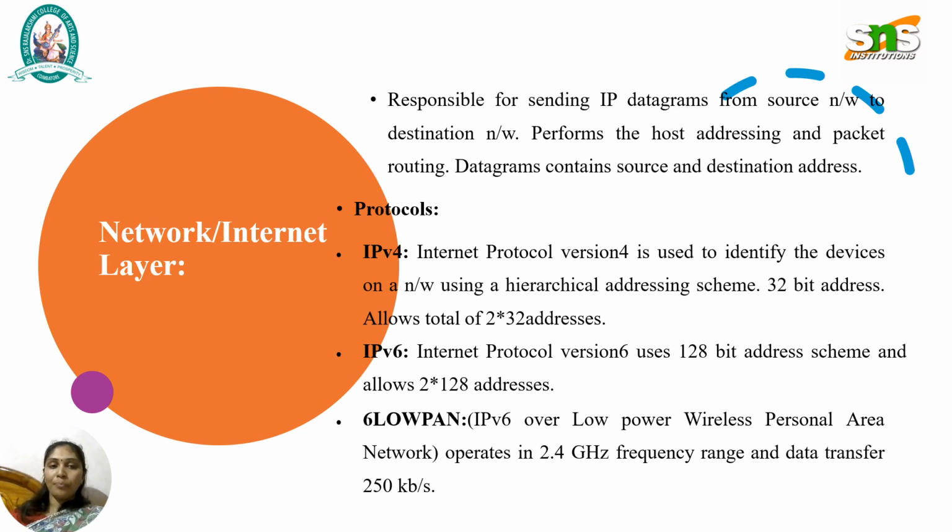So these are IPv4, IPv6 and 6LoWPAN: IPv6 over low power wireless personal area network, which operates in the 2.4 GHz frequency range, with data transfer of 250 kilobits per second.